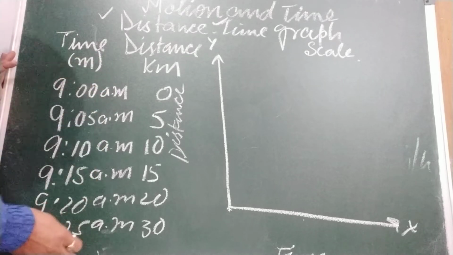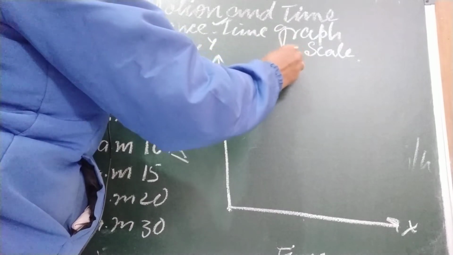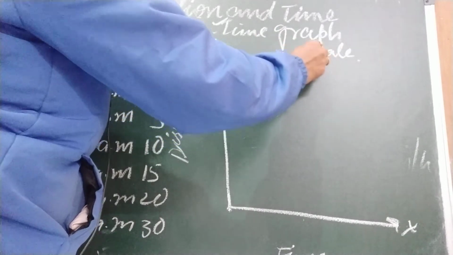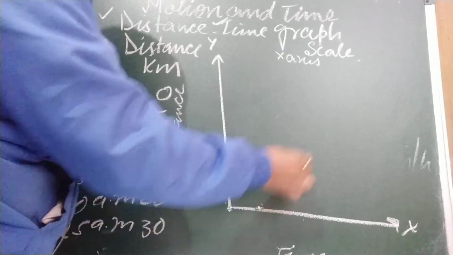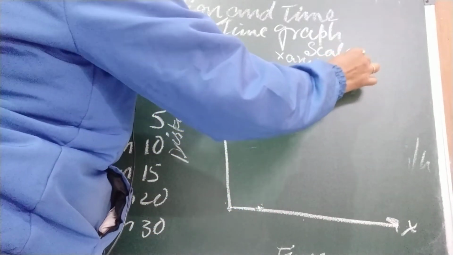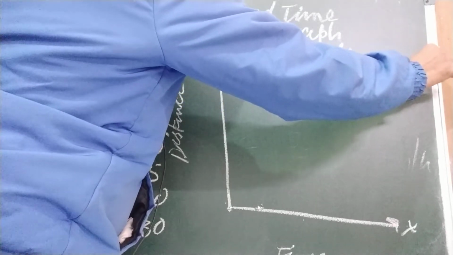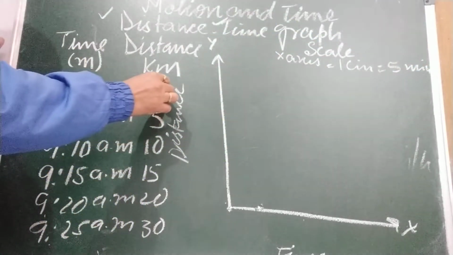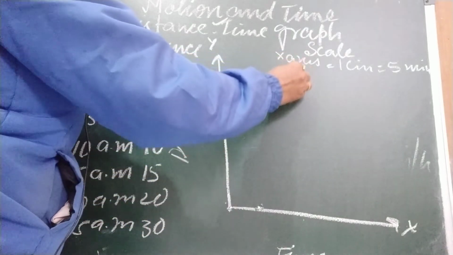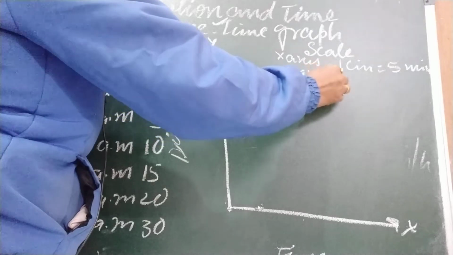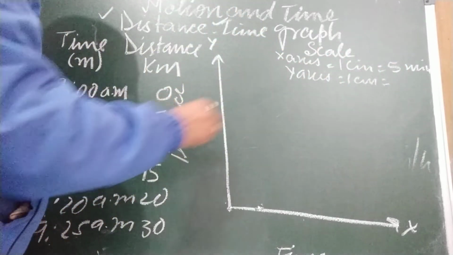So it is like table of 5. So here we are taking 1 centimeter is equal to 5 minutes. And this side you see also the difference is of 5. So in y-axis also 1 centimeter is equal to 5 kilometer.